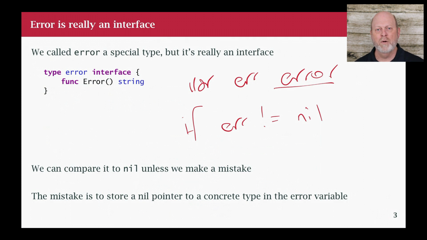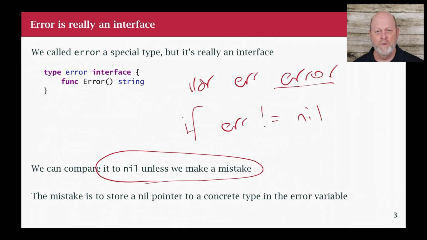So the actual value that's in the error might be more complicated than a string. It might have other data. And when you call the Error method, it goes and looks at that data and figures out how to format it into a printable string. Great. So again, how do we figure out if an error happened? We compare the error interface to nil. If it's nil, nothing's ever been put into it, there's no error.